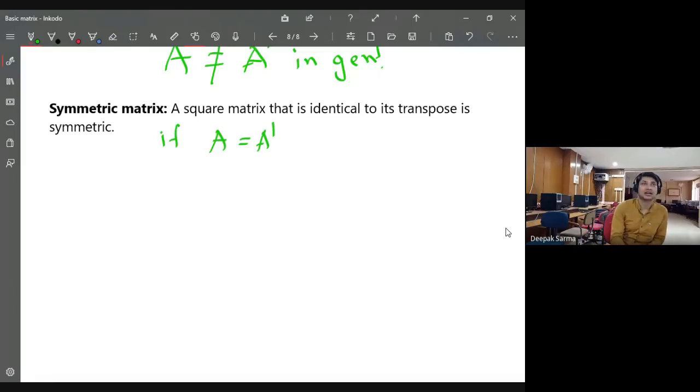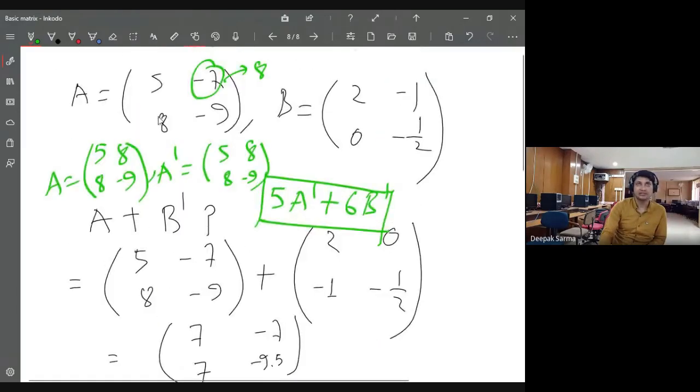In a 2 by 2 matrix, you already saw, if the off-diagonal entries or non-diagonal entries are exactly the same, then it is always symmetric. Here, if I replace -1 by 0, it is again symmetric. Whatever the diagonal entries, because this one is 1, 1, it will go to 1, 1 again while taking transpose. It is 2, 2, it will go to 2, 2 again. So diagonal entries will remain the same.